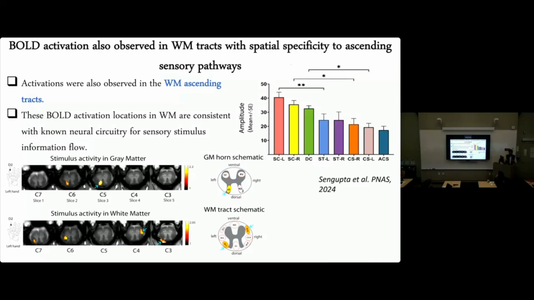But in this study, we also found activation in the white matter tracts, and these are very specific to those in the ascending pathways, implying that they have a lot of functional specificity related to the locations. And we could see here that the ascending tracts, such as the spinocerebellar tract and the dorsal column tracts, had high activation when we did a simple tactile-based stimulus activation on the monkey digits.